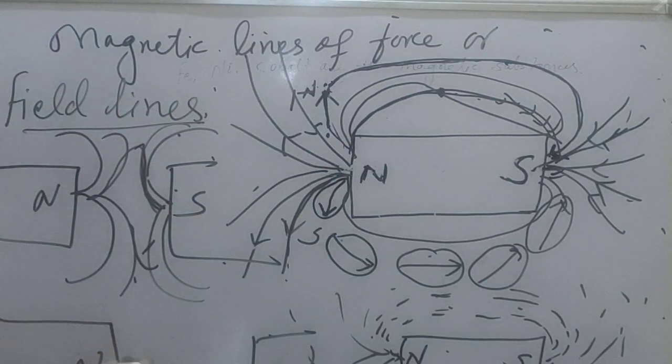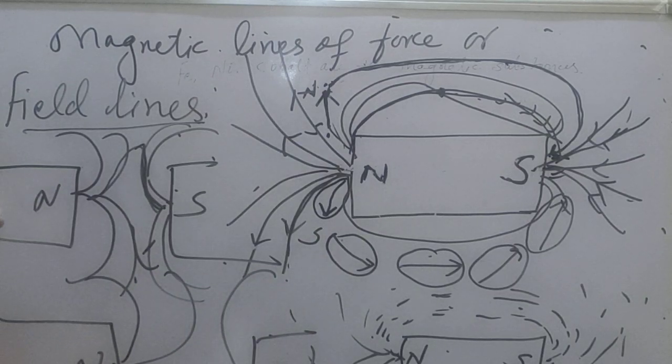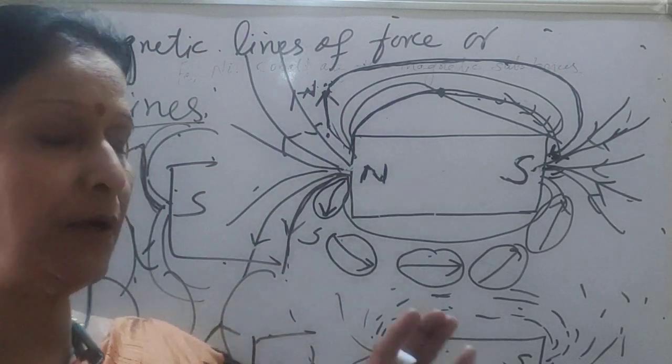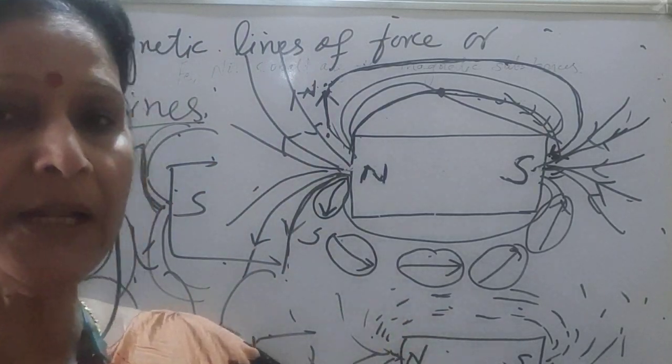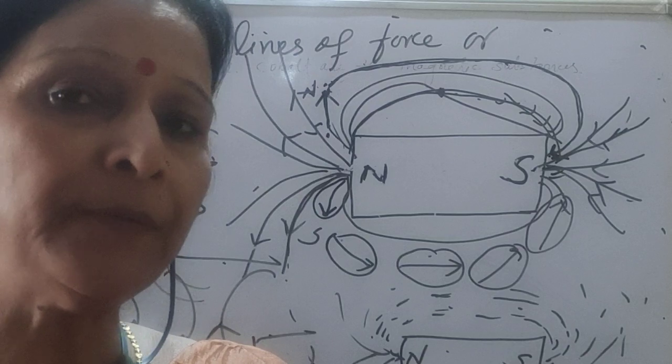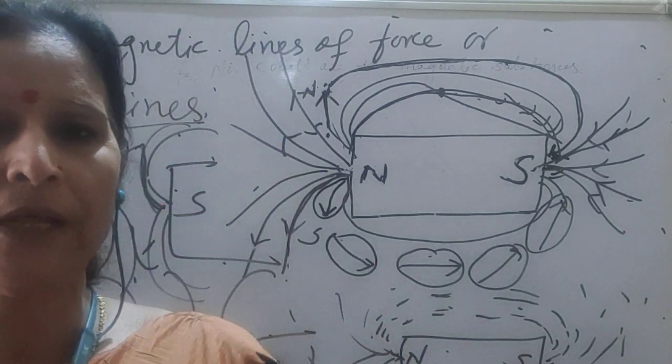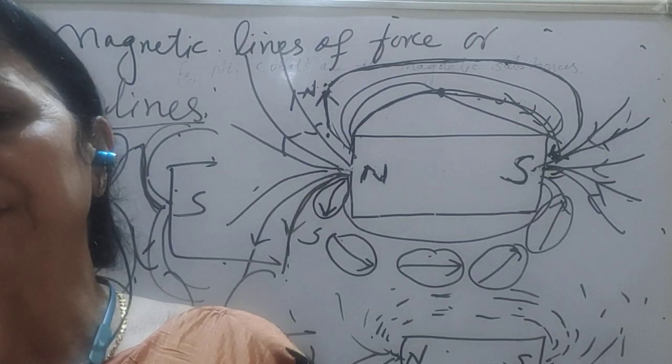Then due to that, this field line will push this one, and this field line will push this one backward. So these field lines repel each other, they push each other sideways, and due to that there is repulsion between the like poles of magnets. So these two points were a little bit more than the topic of the NCERT.